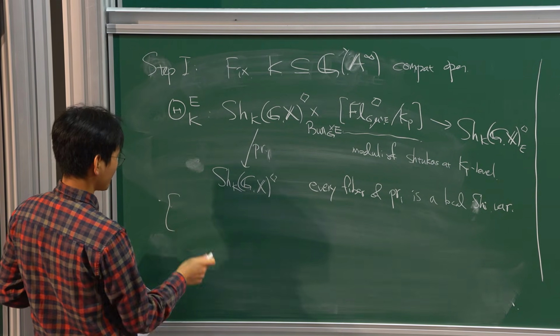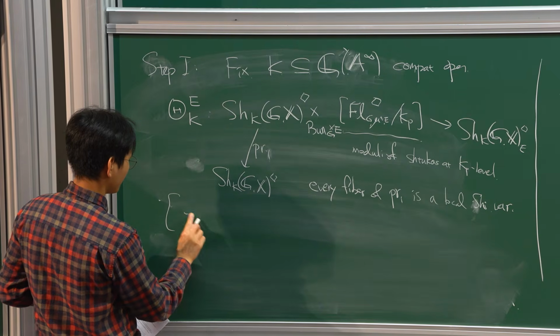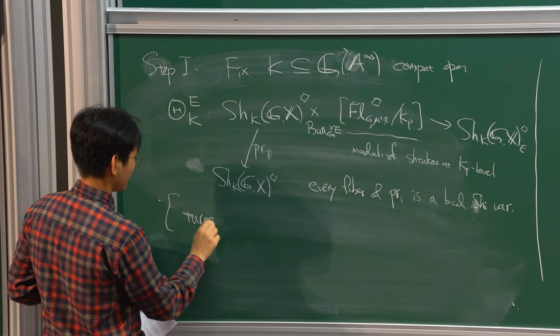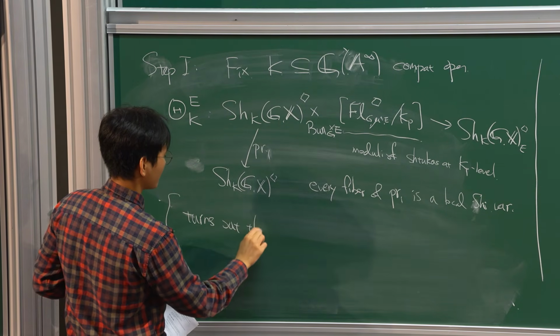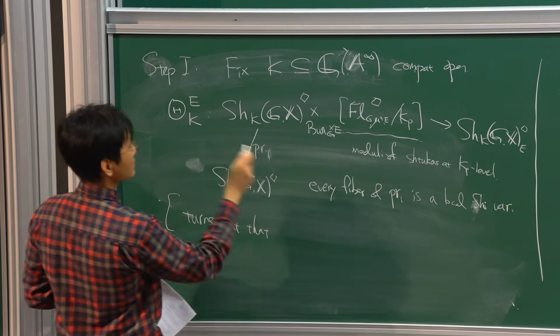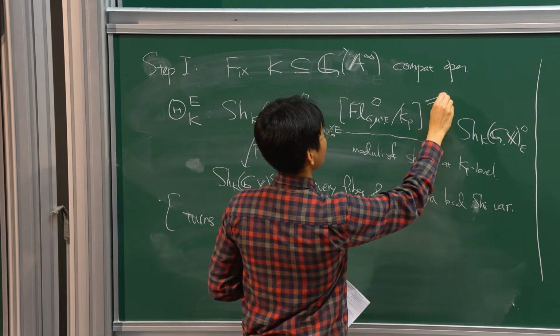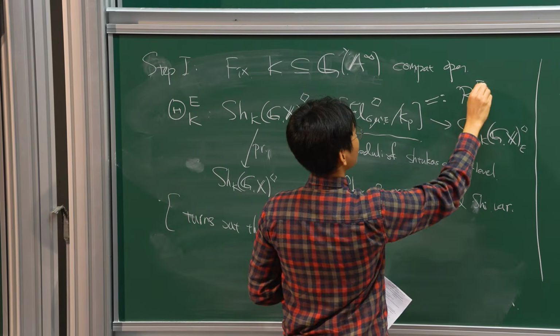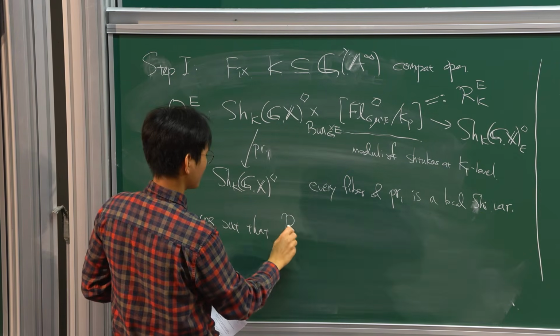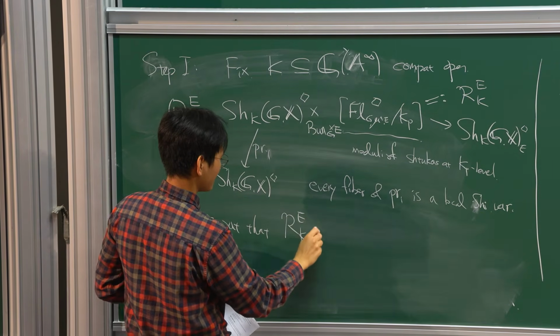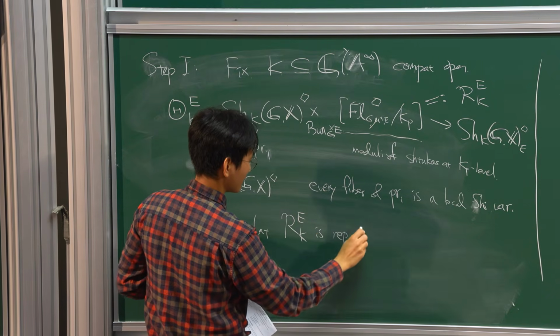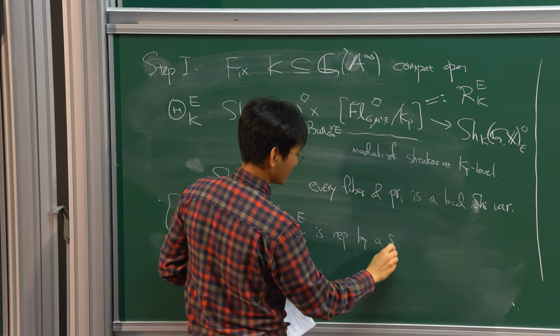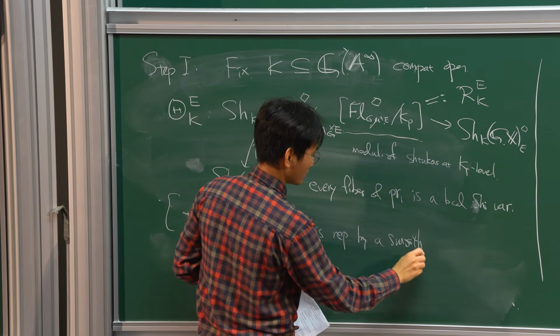And one thing I can remark is it turns out that this total space, we call this R_K, is representable by a smooth rigid analytic variety.